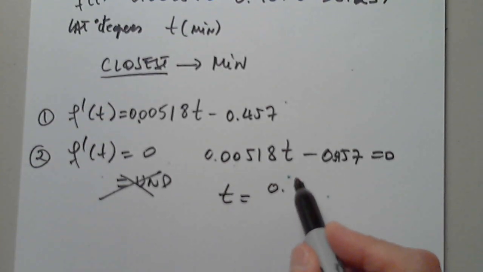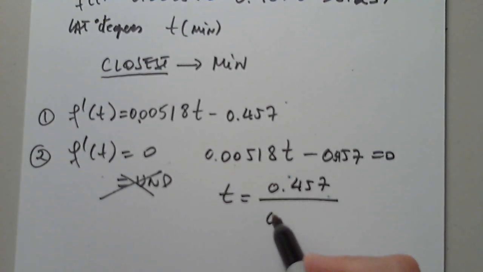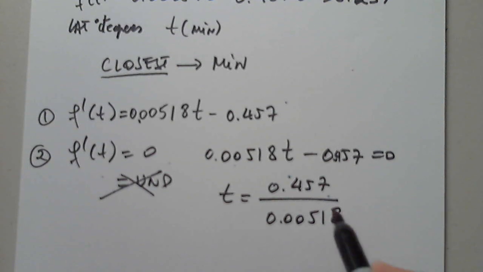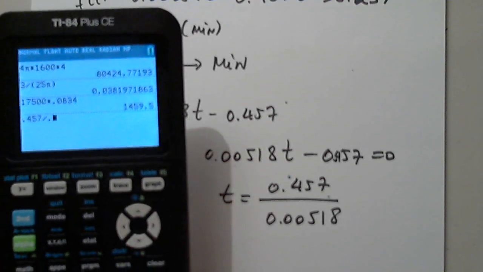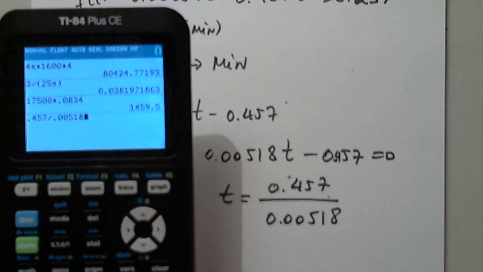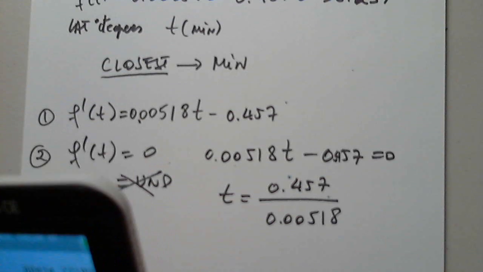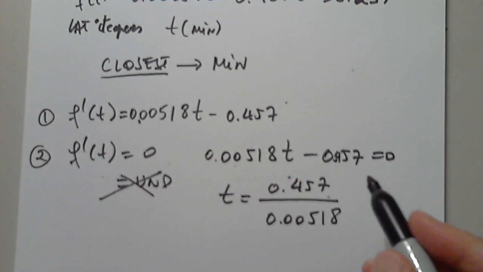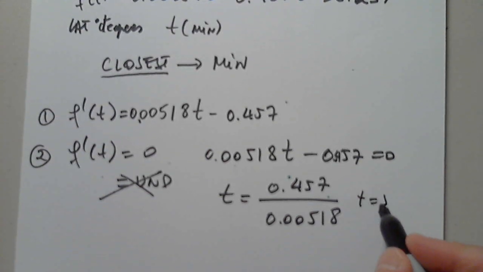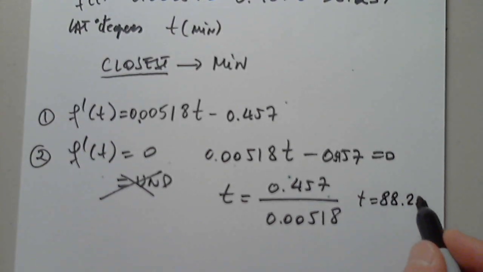I move this and divide by this. So t equals 0.457 over 0.00518. Since it's just a number, I'm going to do this. 0.00518. And I got 88.22. So t equals 88.22 minutes.